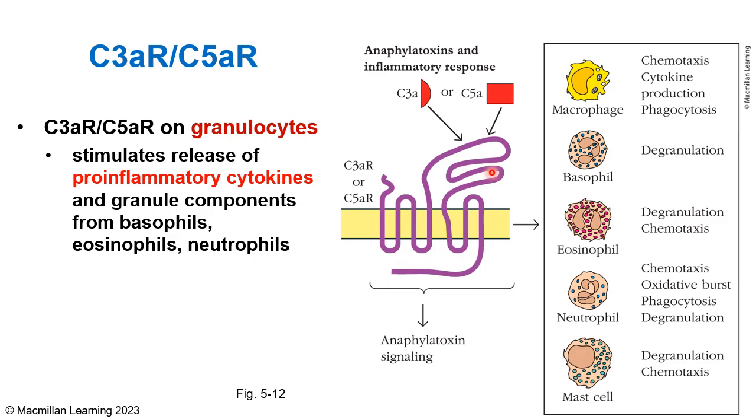So this G protein coupled receptor, after it binds to this signal, is going to send a transmembrane signal. It is going to send a message to the inside of the cell for degranulation. Depending on the cell type, they all have this receptor, right? What's going to happen? You're going to have activation of phagocytosis.